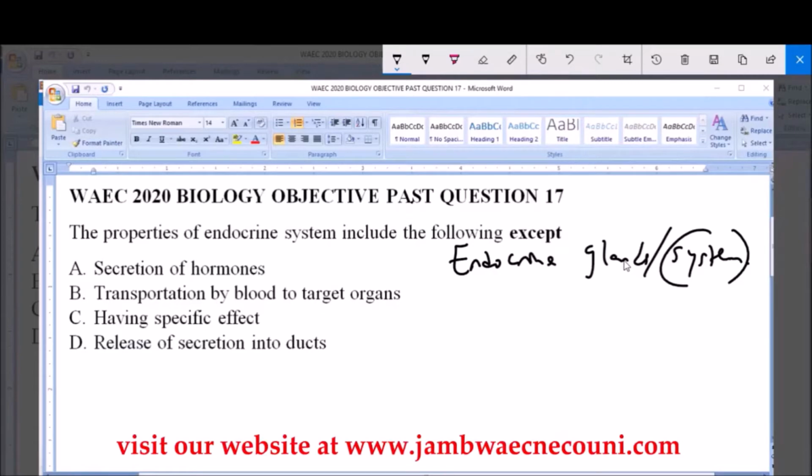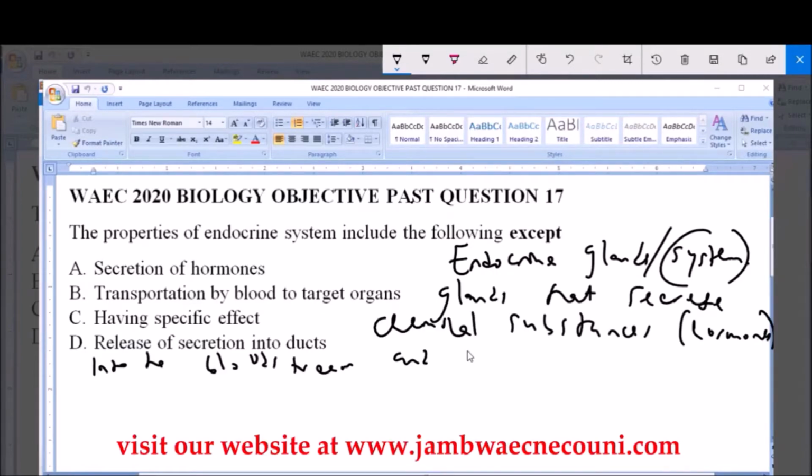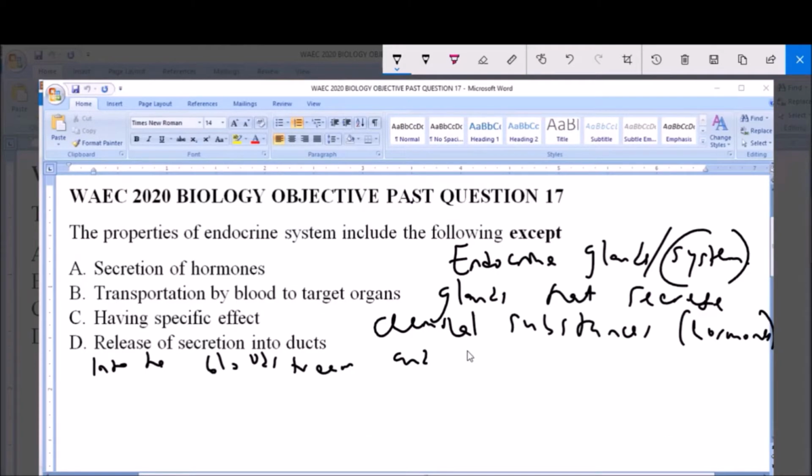Okay, so they secrete these chemicals into the bloodstream and are transported to target organs to perform specific functions. So let's look at each of the options in relation to this definition.